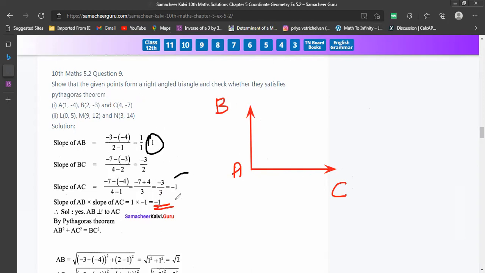So 1 into -1 is equal to -1 only. From that we can say, yes, these two lines are perpendicular to each other, so the given points form a right-angled triangle. Okay, condition 1 is checked. Is it clear?